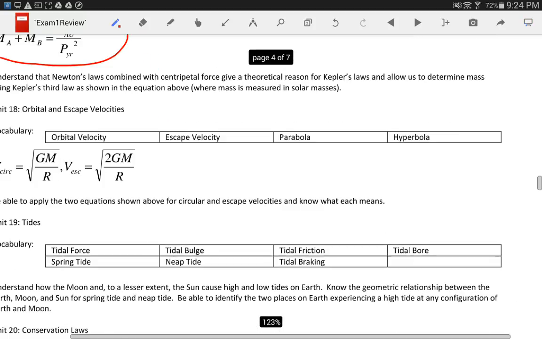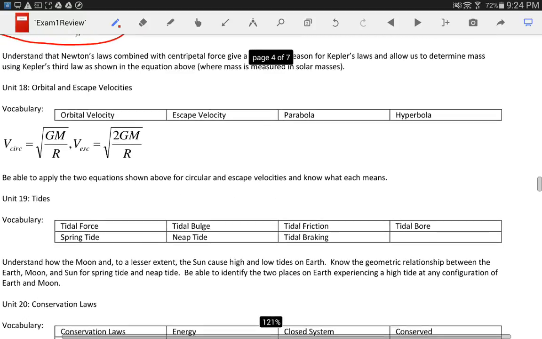So this is an important equation for allowing us to find the mass of stars. Escape velocities and circular velocities. It turns out that using Newton's laws, you can define that if something's going to do a circular orbit, you have to have the specific speed of the square root of gravitational constant G times M. Remember that M is the mass of what you're orbiting.